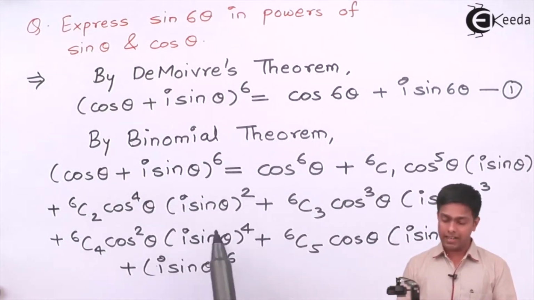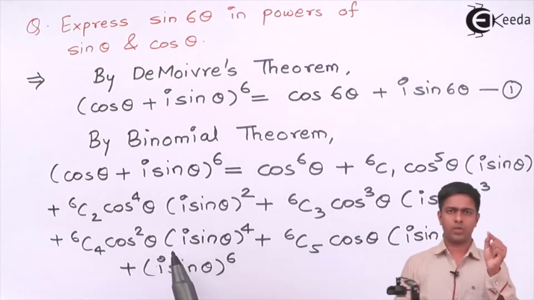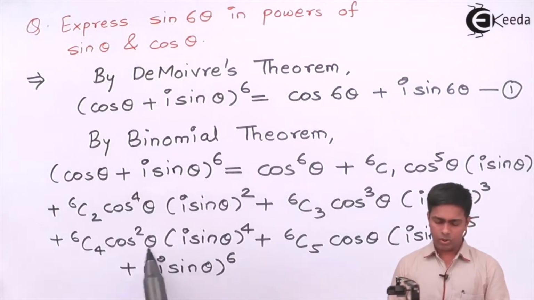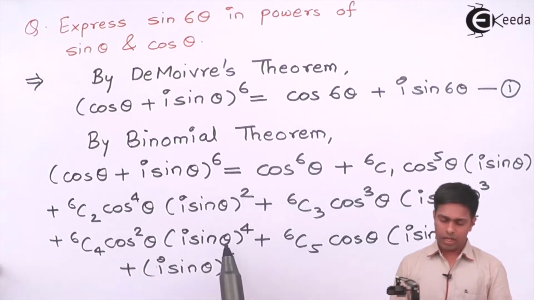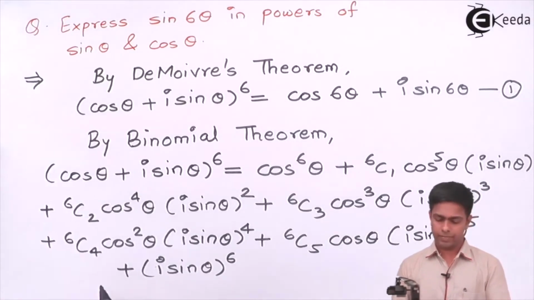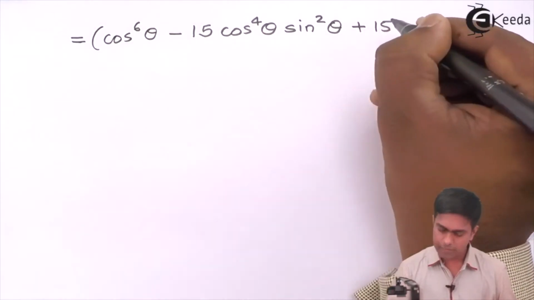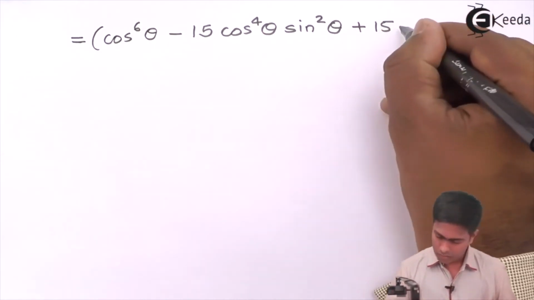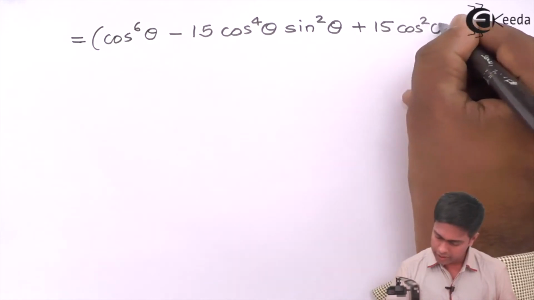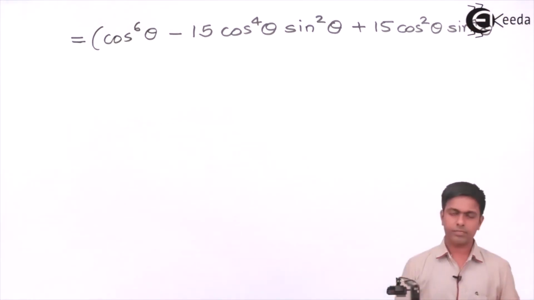Here i raised to 4 is i square into i square, which is 1, so this will become a real term, and the value of 6C4 is similar to 6C2. So again it is equal to 15. So that will become plus 15 cos square theta sin raised to 4 theta.